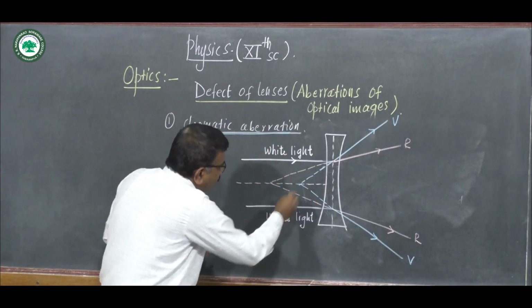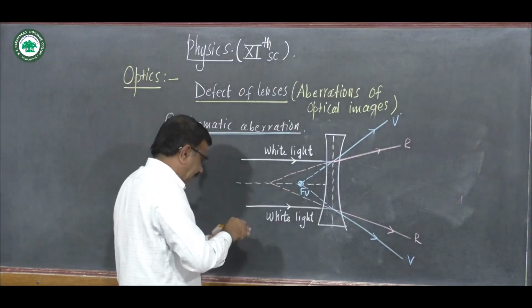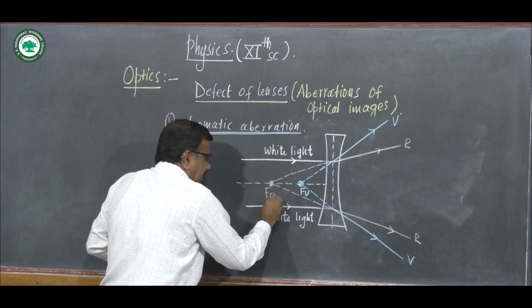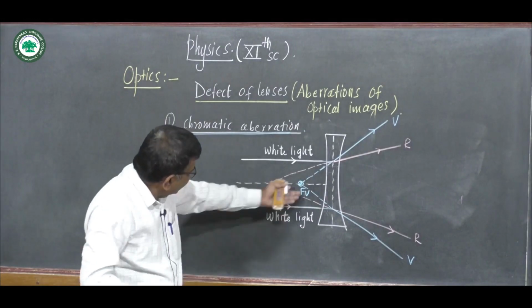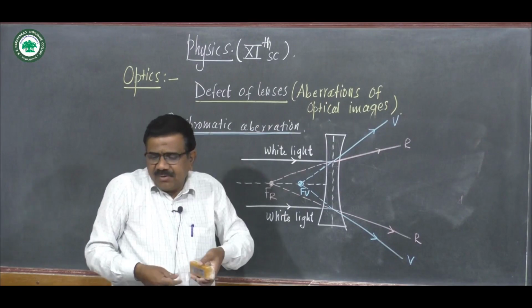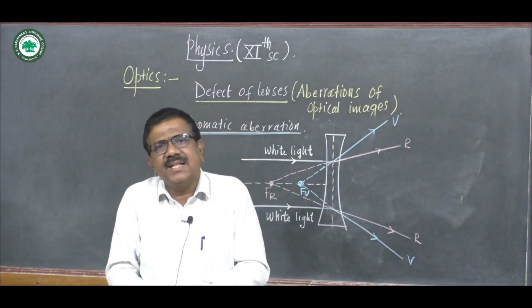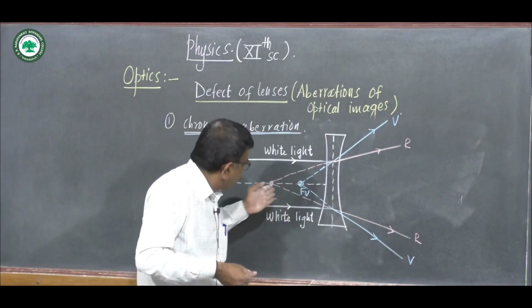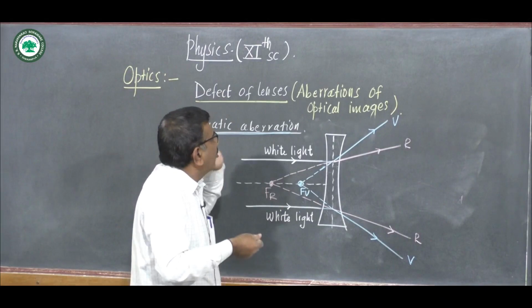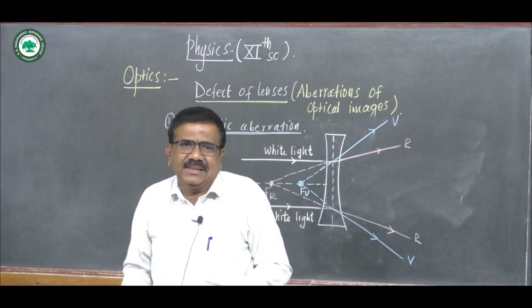This is the focus for the violet, which we call FV, and this is the focus for the red, which we call FR. The image is spread along a line. This is the chromatic aberration for the concave lens. The image is not sharp and clear. We get different foci for different colors, and the image is spread along a line. Such a defect is chromatic aberration.